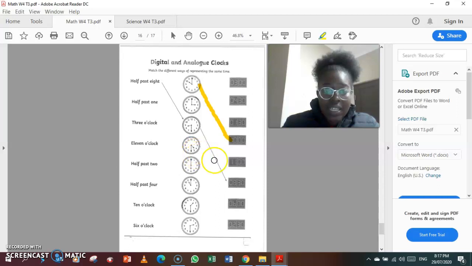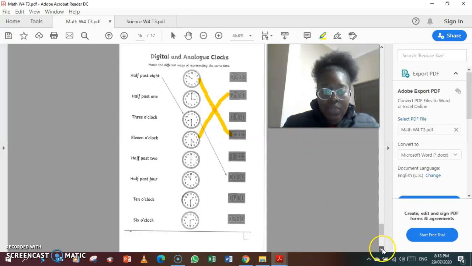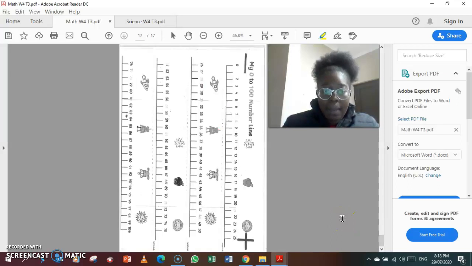That means it is 4:30. So let's look here. We've got 4:30. We'll draw a line from this one to that one. That is what you have to do for your maths for today.